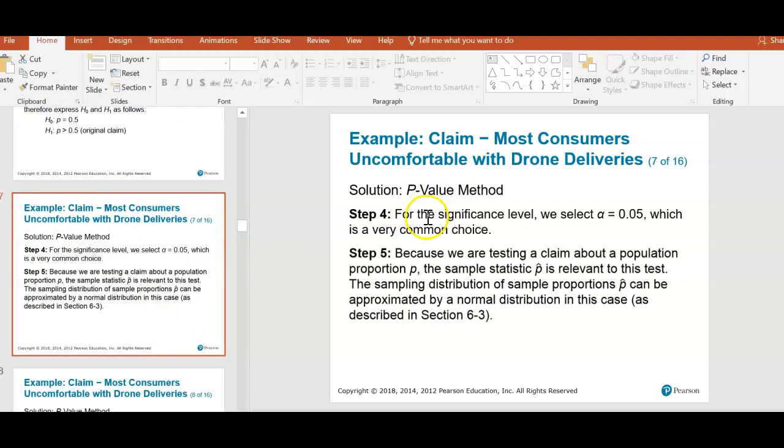You have to choose the significance level in step 4. So alpha equals 0.05 is very common. If you are doing the p-value test, what you're looking for is a p-value that is less than that 0.05.